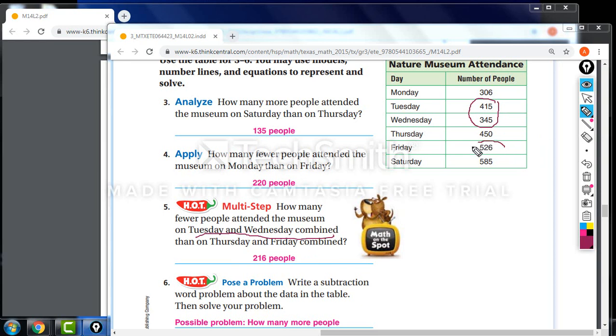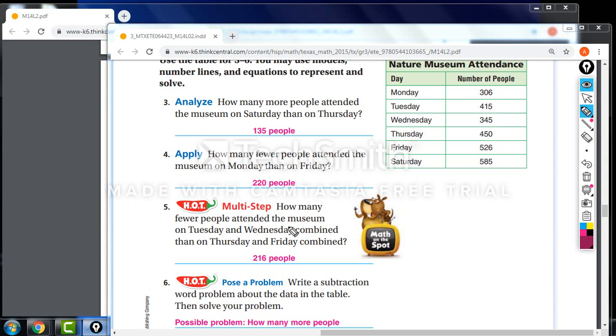So you get the sum for both of these. Call that X, and we'll call this one Y. And then you would subtract X from Y. So your answer is 216. Let's see how they did that.